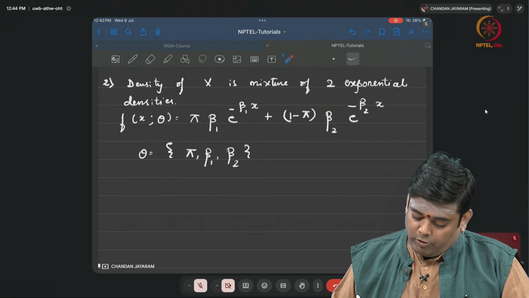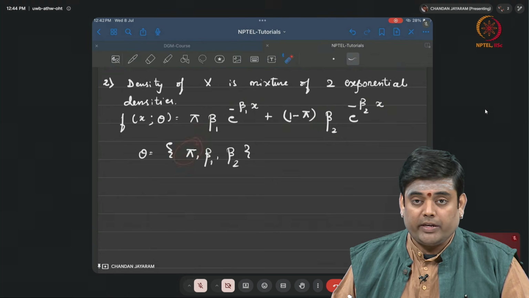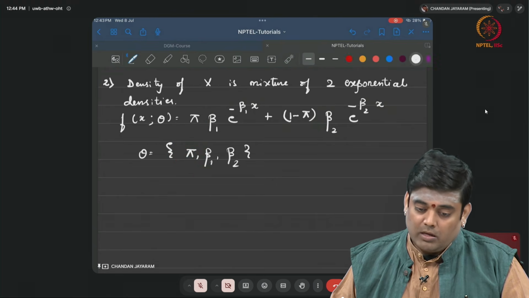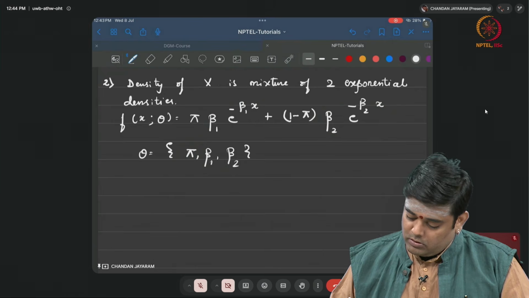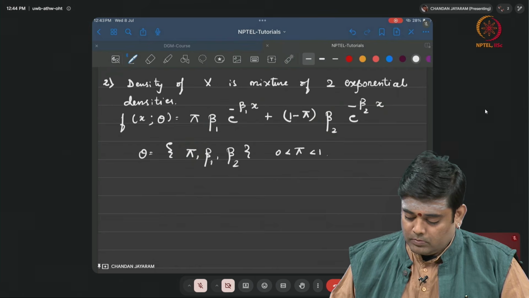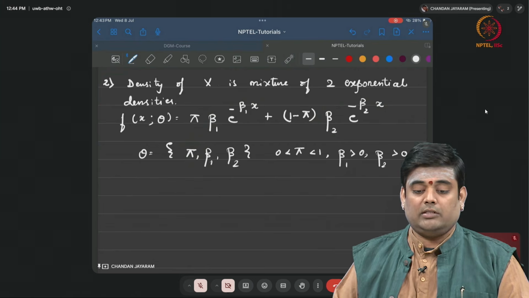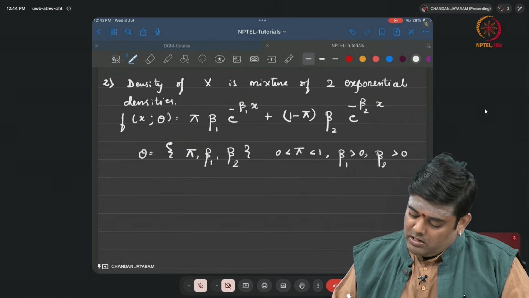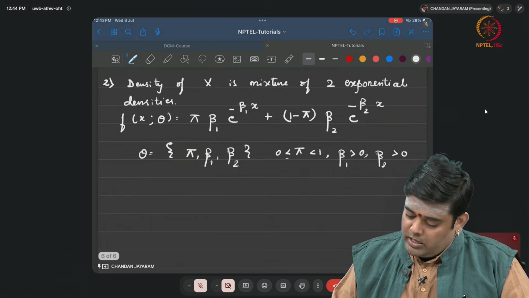Therefore pi has to be between 0 and 1, and beta 1 and beta 2 have to be greater than 0, as per the exponential densities. We can use equal to here, that is fine.